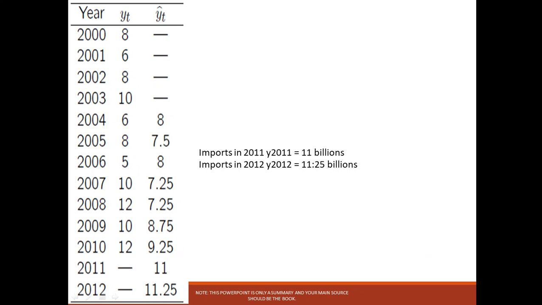We use 11 because it is the forecast of 2011, and we will divide them over 4. The final result of the forecast of 2012 will be 11.25.